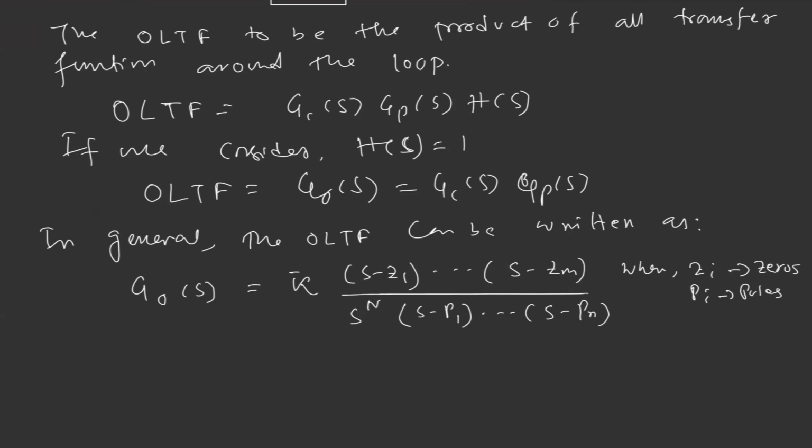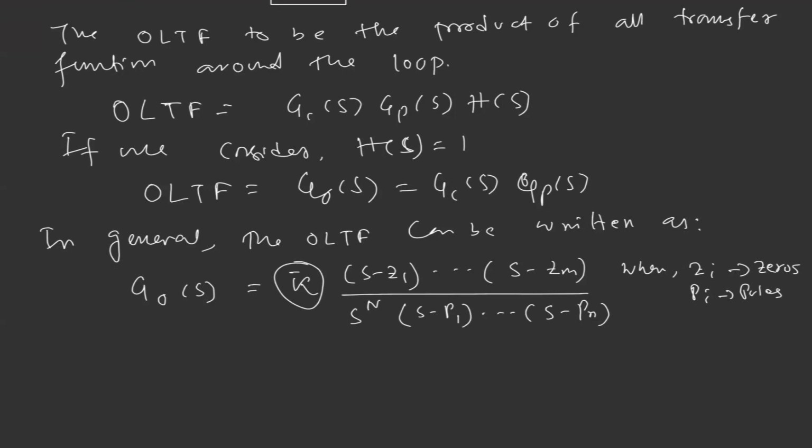So this open loop transfer function is written in terms of poles and zeros, and K bar is the gain coming from the transfer function. We'll discuss this later when we take an example, and you'll understand.